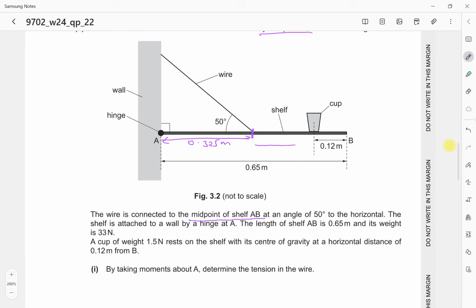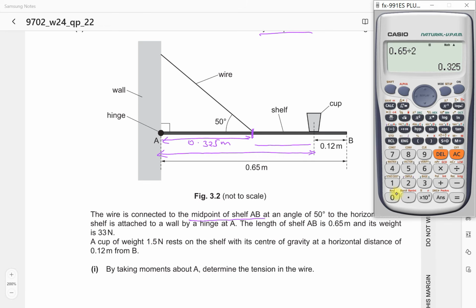this distance here, the distance from here up to where this one is, is going to be 0.65 minus 0.12.